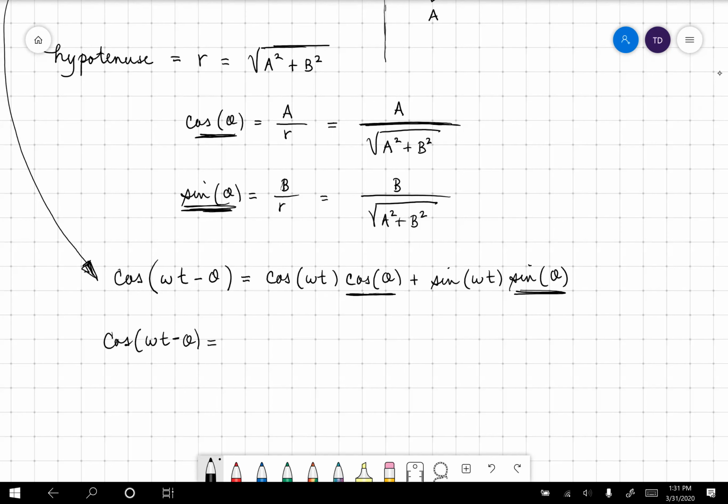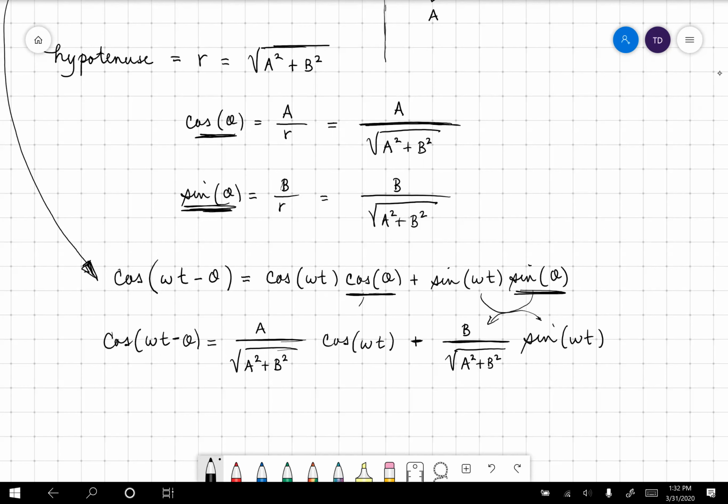So cosine of theta is A over the square root of A squared plus B squared, now multiplied by cosine of omega t. So I just inverted the order. And I'm going to do the same thing over here, plus B over the square root of A squared plus B squared, sine of theta. Oops, sorry, that was my sine of theta. Sine of omega t. So I've inverted that one, that one, that one.